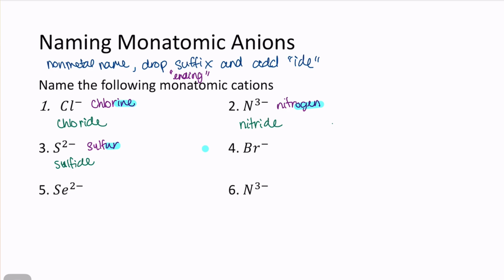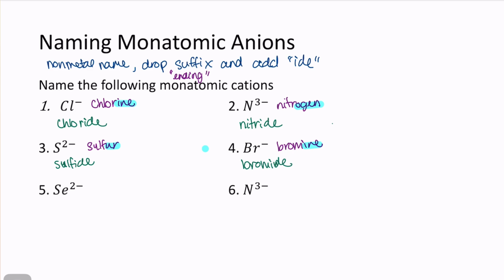In number 4, we're dealing with bromine, and it is a halogen just like chlorine. So we will drop the "ine" just like we dropped the "ine" for chlorine. And this ion is bromide.